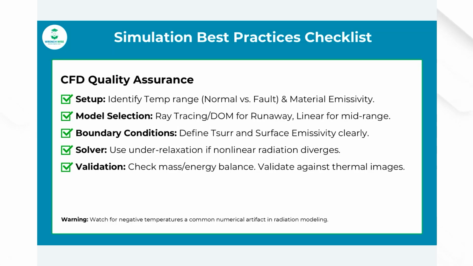Especially in a liquid pool fire case, if the shape of the flame or hotspot is wrong, then the radiation model will be wrong. So a visual look at what your simulation looks like compared to experimental data or thermal imaging will also really help.